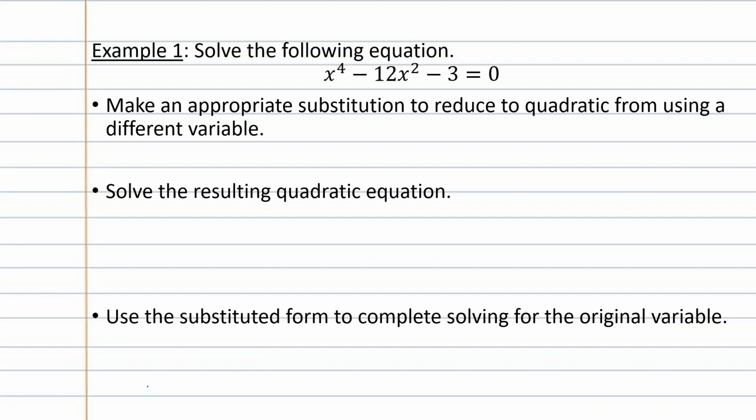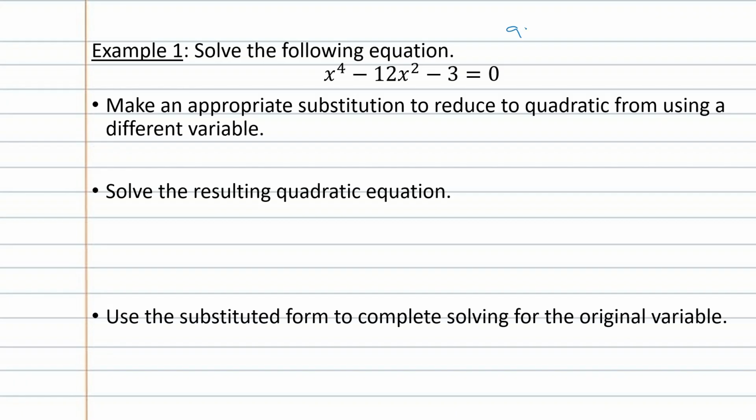Okay, so let's look at this first example. It says x to the fourth power minus 12x squared minus 3 equals 0. What you can notice here is this is a very similar setup to what we would see in a quadratic.